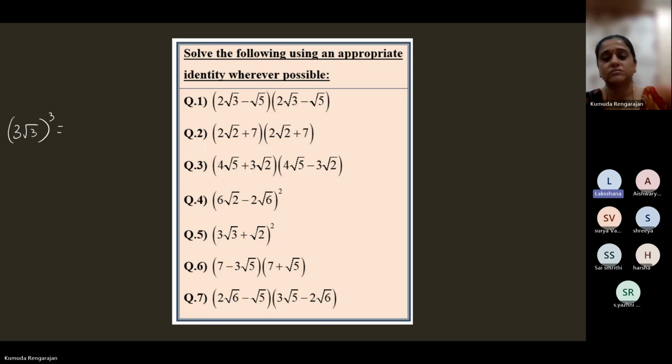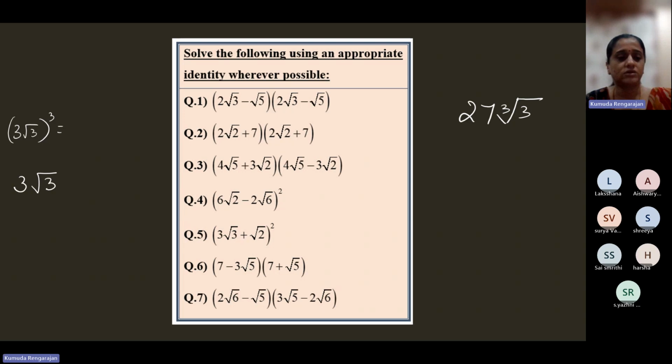Mom, 27 cube root 3? 27, cube root 3. No. 3 root 3, the whole cube.